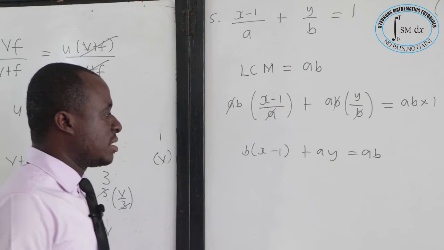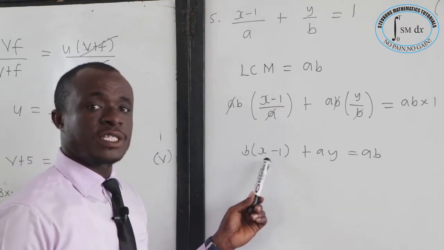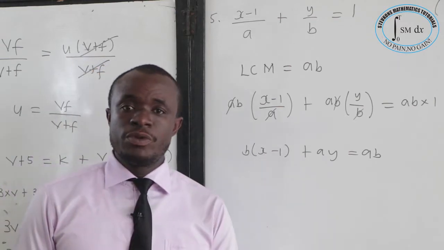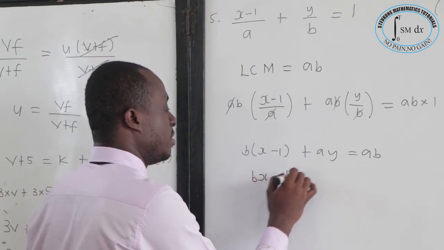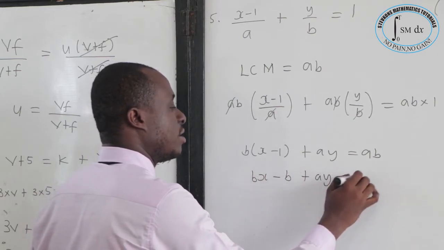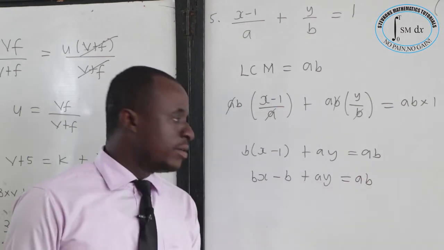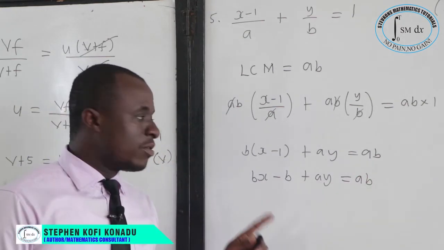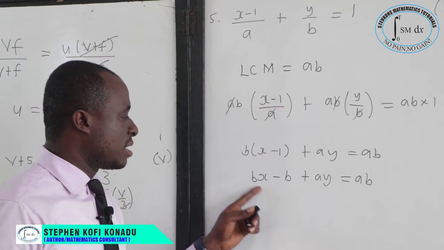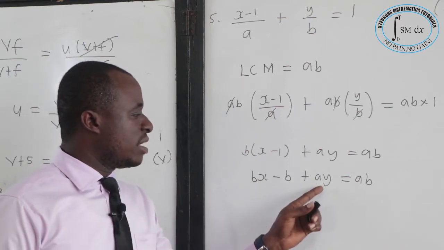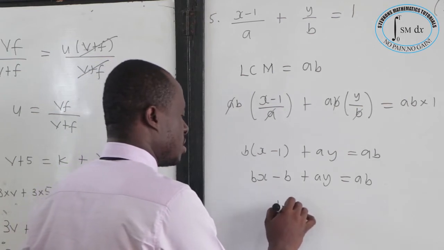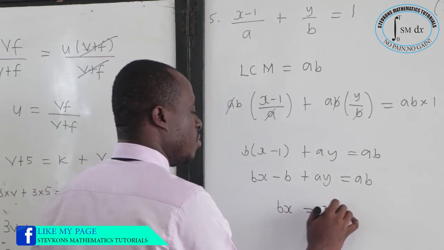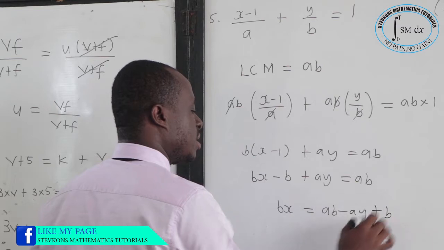I want to make x the subject. So what do I do? I have to expand this by using the distributive property. So I have bx minus b plus ay equal to ab. From here, what do I do? I group like terms. I want to make x the subject. So negative b and ay should go to the right hand side. So I have bx equal to ab minus ay plus b.